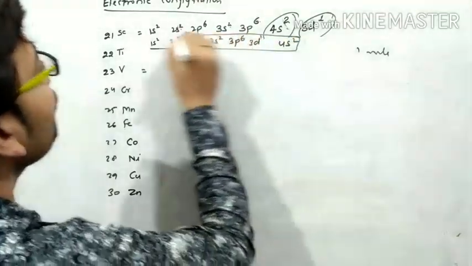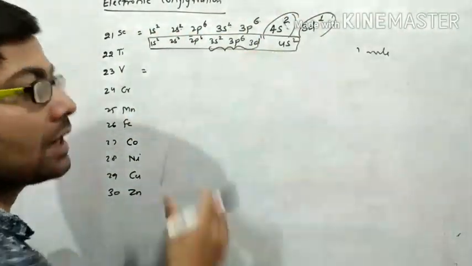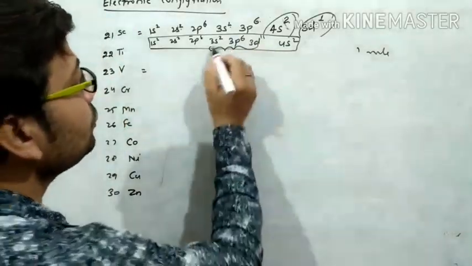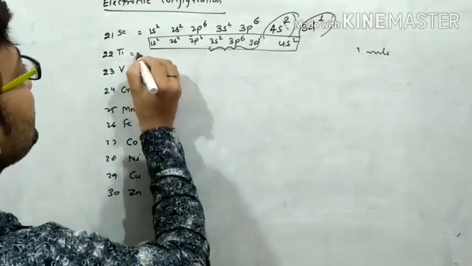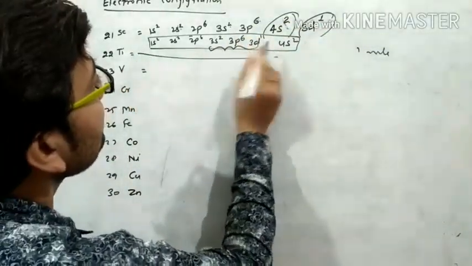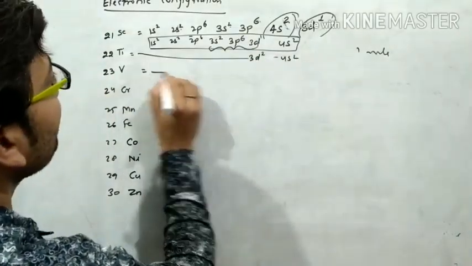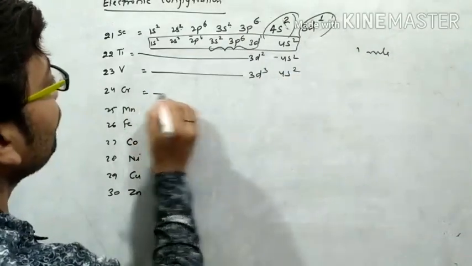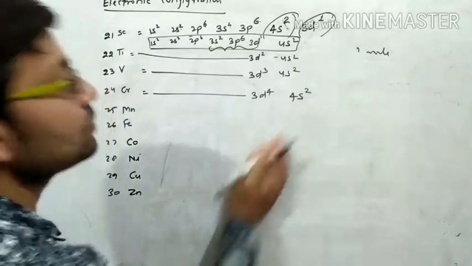Means in sequence order, because the 3d and 4s subshells are at the same position. So you can also write it in this way. For titanium, this is 3d2 and 4s2. For vanadium, this is 3d3, 4s2. For chromium, this is 3d4 and 4s2.